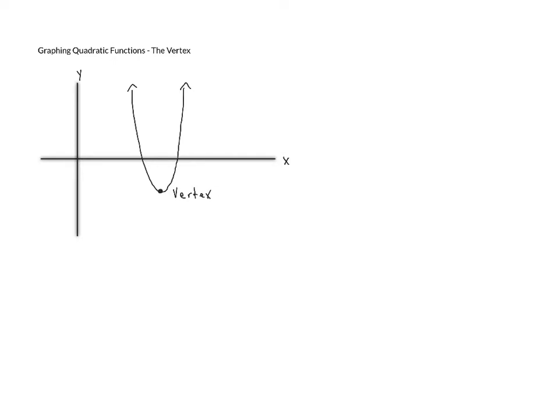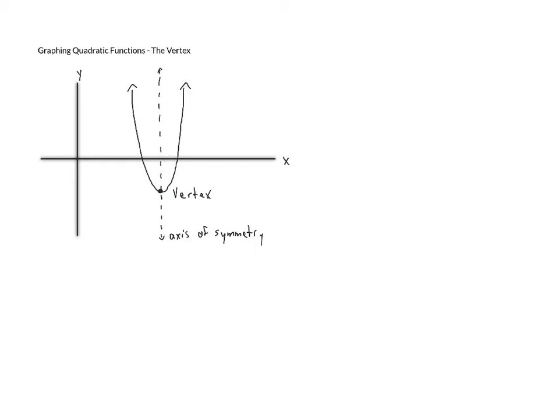And if we draw in the vertical line, I'm going to do a dashed line that goes through the vertex, we call this line the axis of symmetry, because we have symmetry in the shape. The left-hand side of the parabola is a mirror image of the right-hand side across the axis of symmetry.